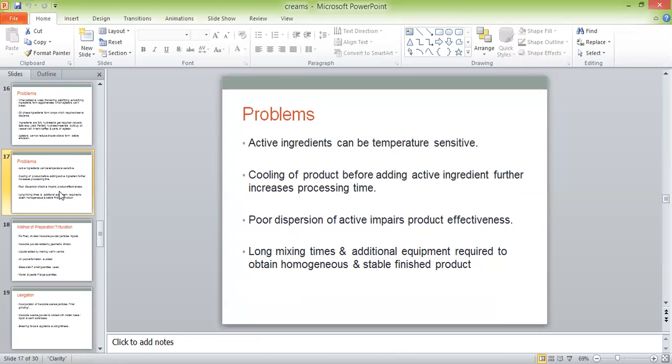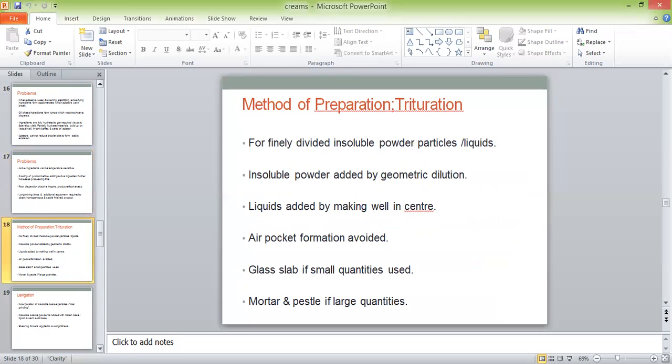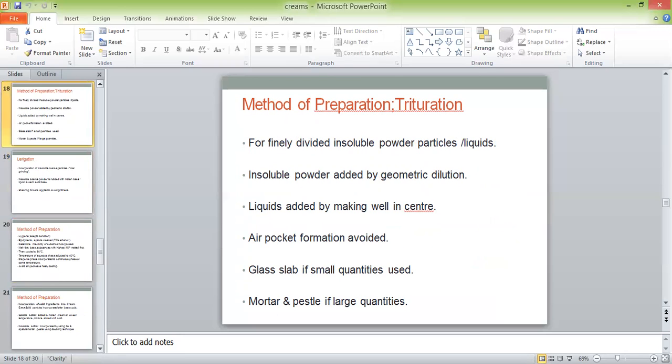Cooling of the product, if done before adding the active ingredient, increases the processing time. And poor dispersion of active ingredients affects the product effectiveness. Long mixing times and additional equipment are required to obtain a homogeneous and stable product.